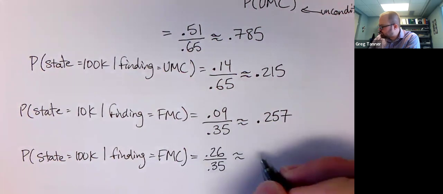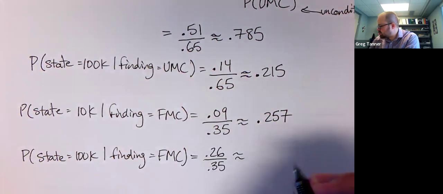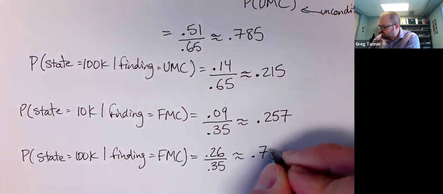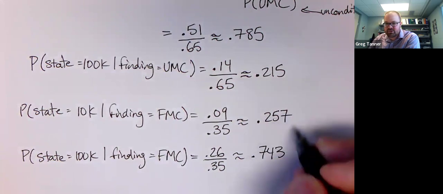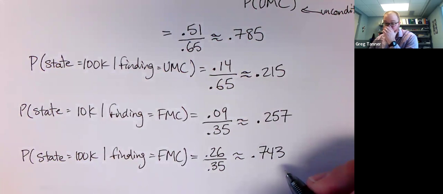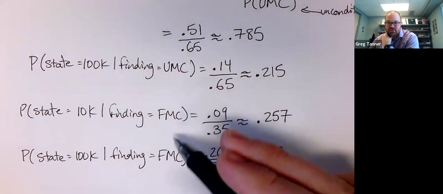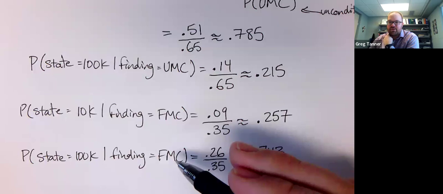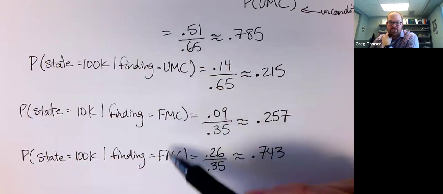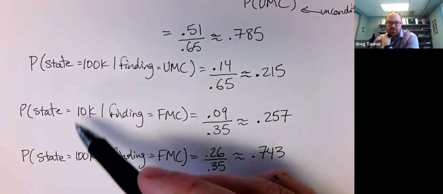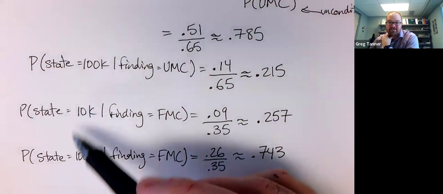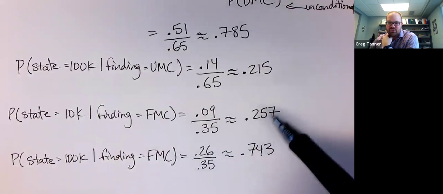And that's going to give us approximately 0.743. Okay, and these two add up to 100% because they're both given the same information. So whenever you have two probabilities that are given the same information and they're the only two states, then they should add up to 100%.